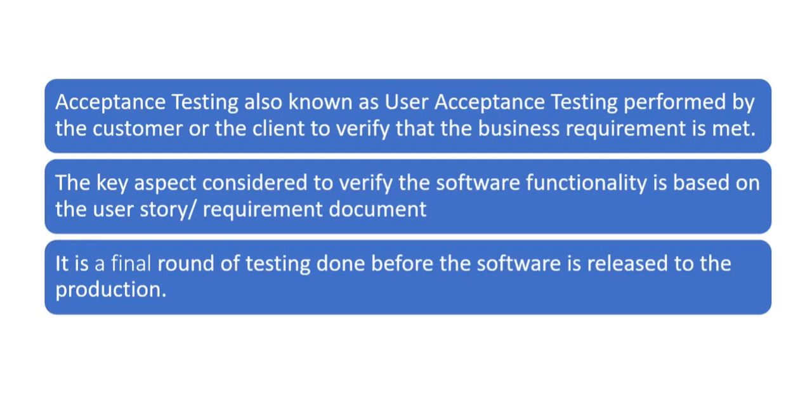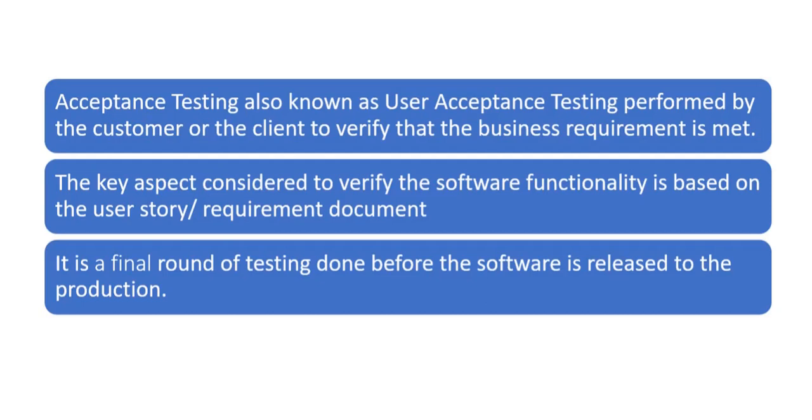It is the final round of testing done before the software is released to production. So you have already built the software and you have given it to me. It is my duty now to verify that my requirement has been met and you have developed it as per my expectation, and I have to approve or agree to that. This level of testing is known as acceptance testing, the final round of testing.